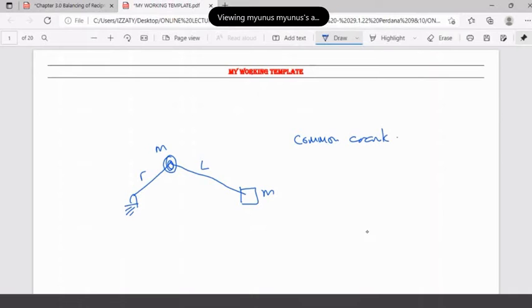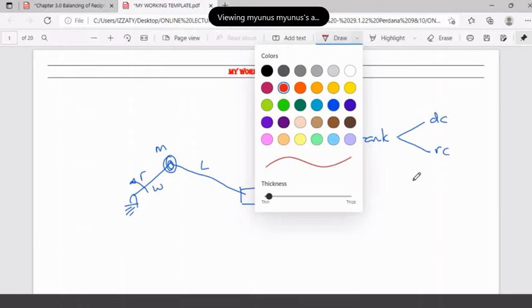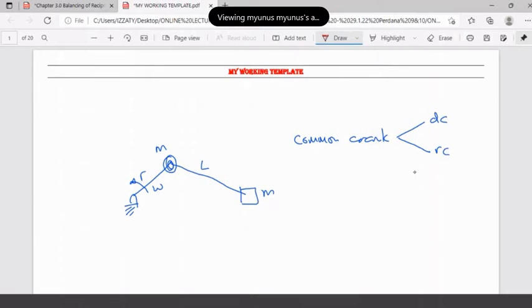When you have common crank, you will have direct crank and you will have reverse crank. So this is the direct crank, rotating counterclockwise from your seat. The reverse crank will be the image of the crank that you have. So you provide another crank exactly at the same position, also connected to the same mass. So this one is another mass.